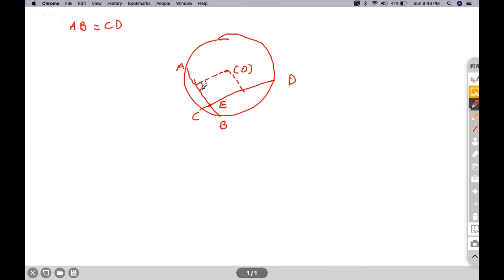So this is 90 degrees. Suppose this is M, this is N, this is also 90 degrees. So you have to prove that OMEN is a square.